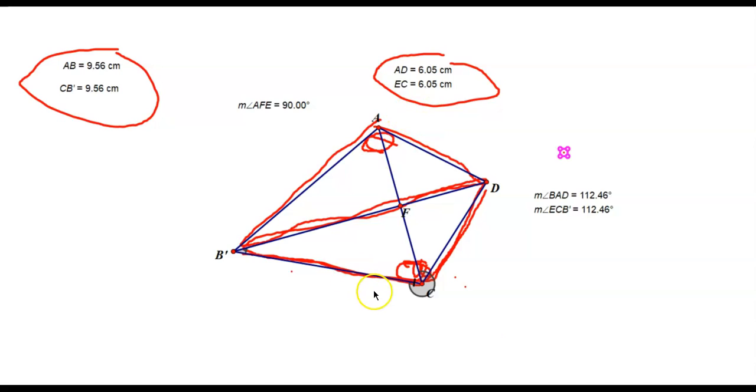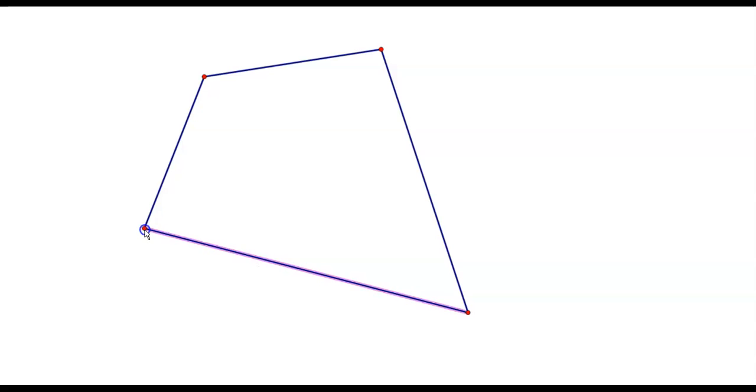And remember that in every quadrilateral, all four angles add up to 360. One way that we can see that: it doesn't matter what type of quadrilateral it is. If I draw one diagonal, meaning connect one pair of vertices that's not already connected, then I've divided it into two triangles.